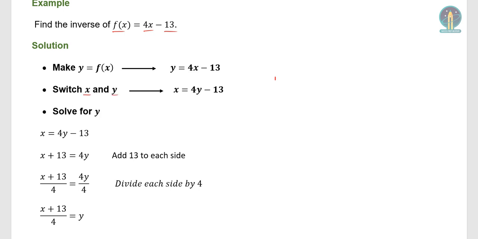This is essentially the inverse. So in place of y, put an x. In place of x, put a y. So x equals 4y minus 13. But now solve for y so you can get the new function, the inverse function, in terms of the new y now, which is the inverse of the old function.